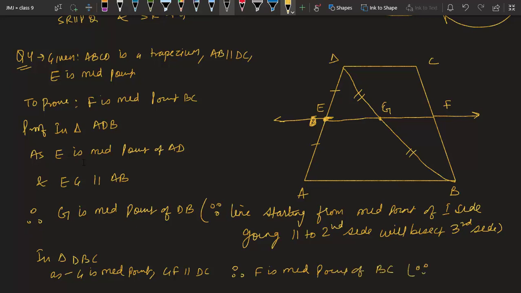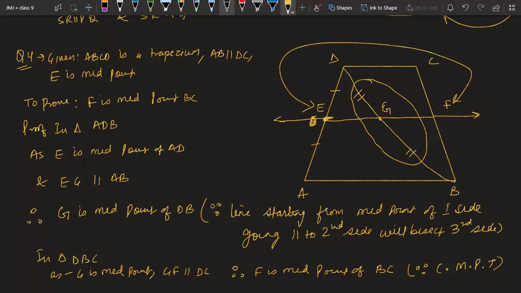BC, because converse of midpoint theorem. That's it. So in this question there was no direct link, so we had to find an indirect link. This side was the connecting link between these two sides, and that helped us to prove the question easily.